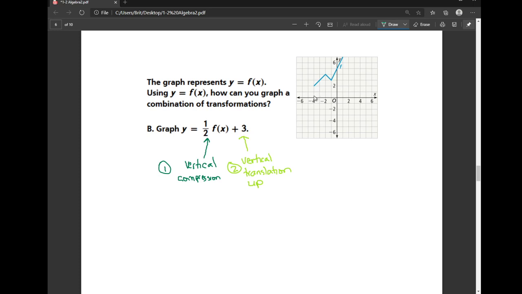There we go. So this one, the distance is 2, so I'm going to go up by 1. This one, the distance is 4, so I'm going to go up by 2 instead. The 3 is going to go to about 1.5. The 5 is going to go to about 2.5. And the 7 goes to about 3.5.